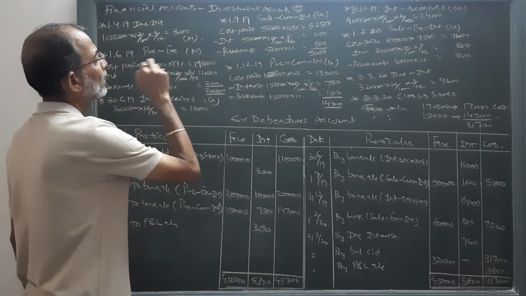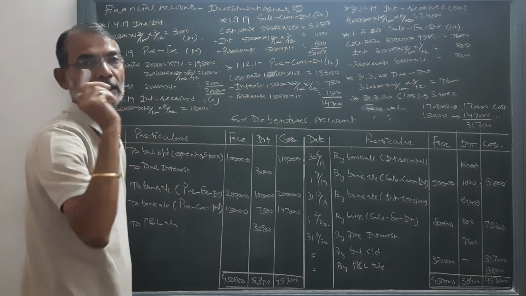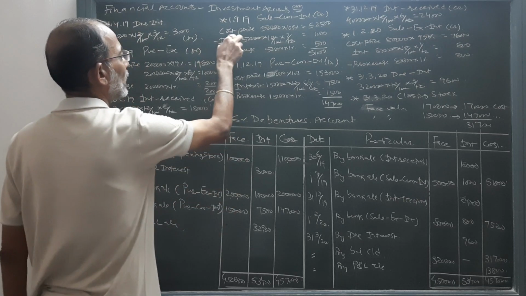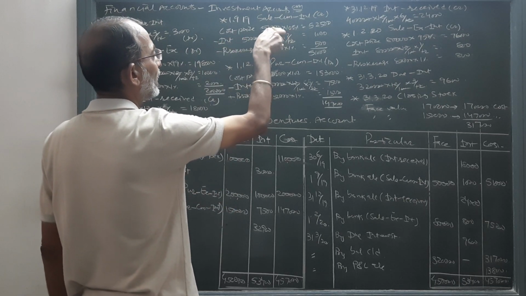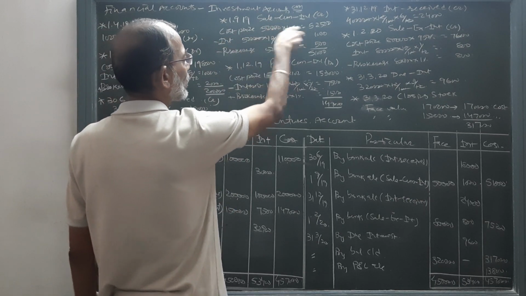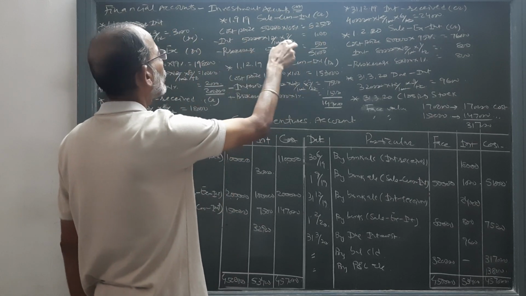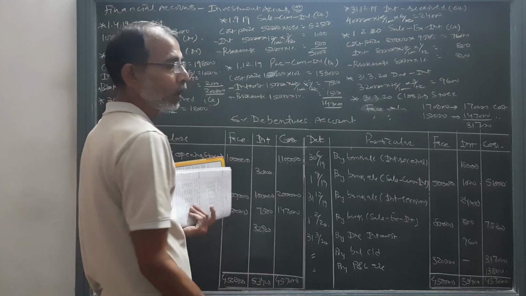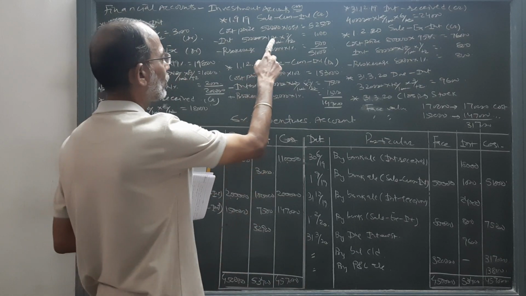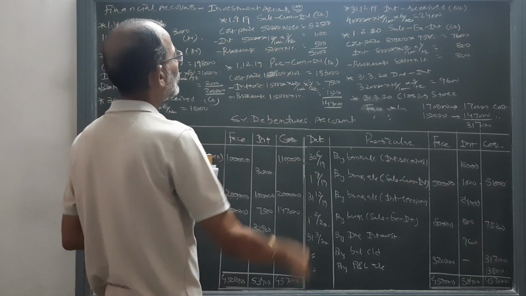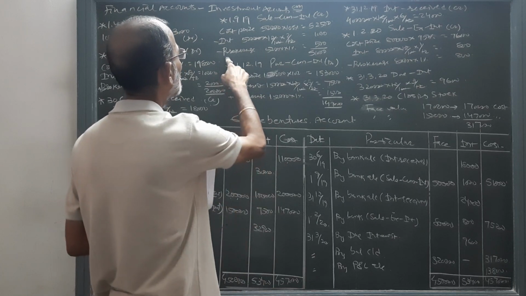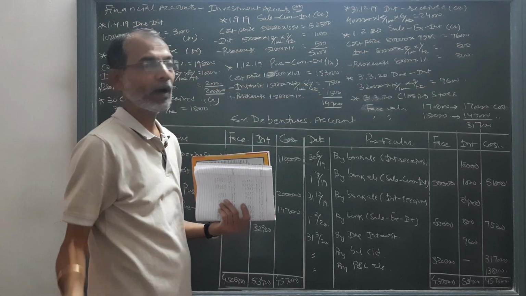Then we will come to 1/9/19, there is a sale of cum interest. Cost price is to be calculated as 105% of 50,000, 52,500. Interest for 2 months, July and August, 12% came to 1,000, and brokerage 1% of 50,500.